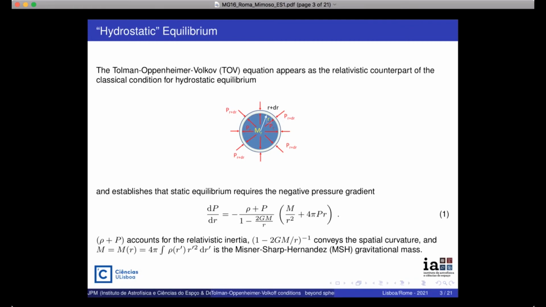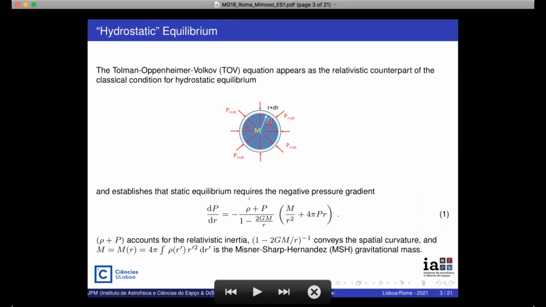People realized that there was an extension of the classical hydrodynamic equilibrium, which in GR stands like it is written in equation 1, where you have a negative gradient for the pressure to sustain gravitational collapse.